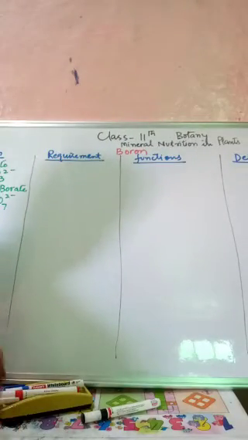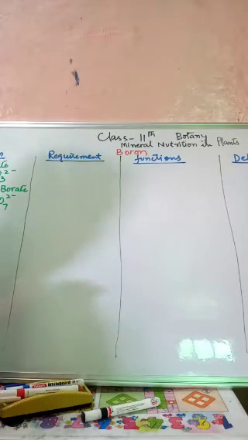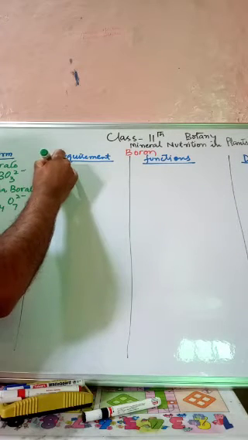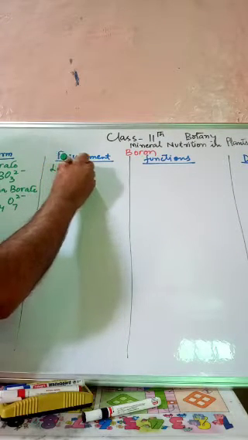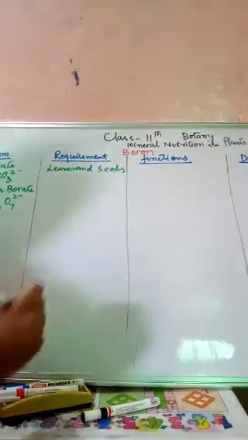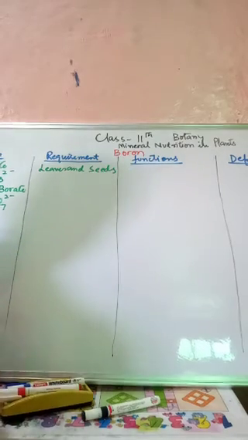So these are the two different forms in which it is mainly absorbed. Now, where it is required by the plant: in leaves and in seeds. So it is mainly required in the leaves and seeds.